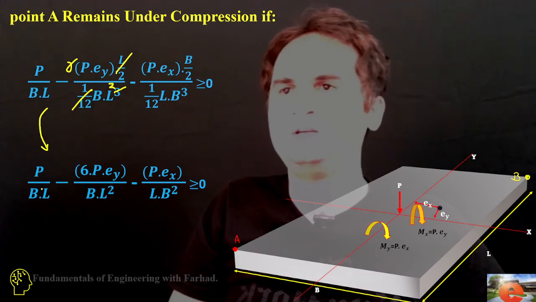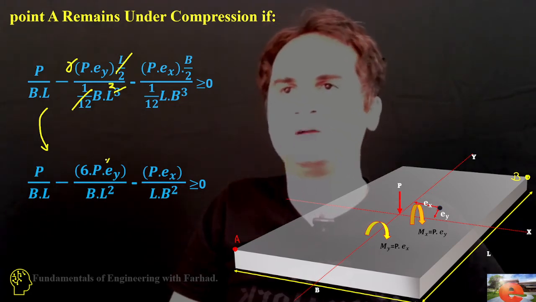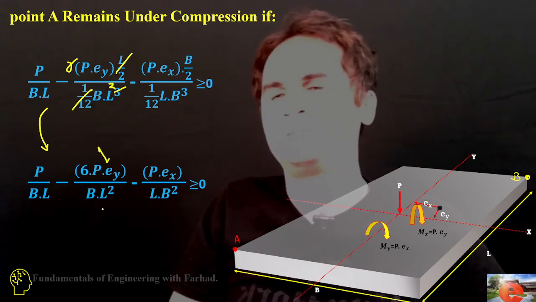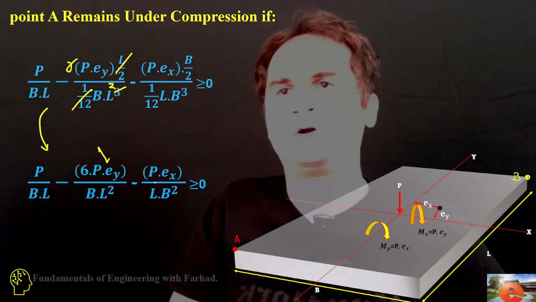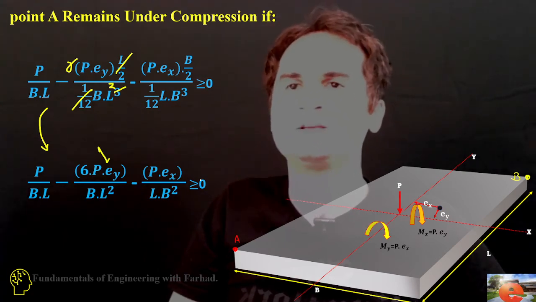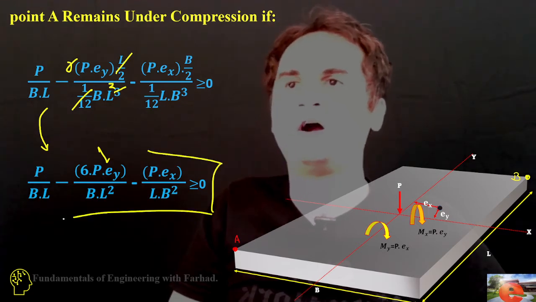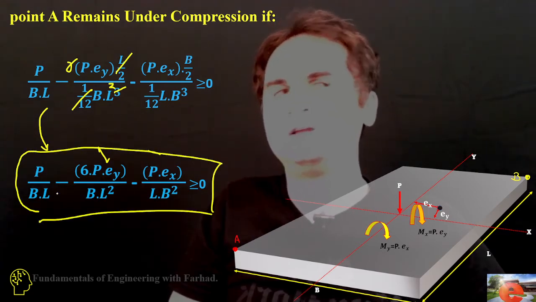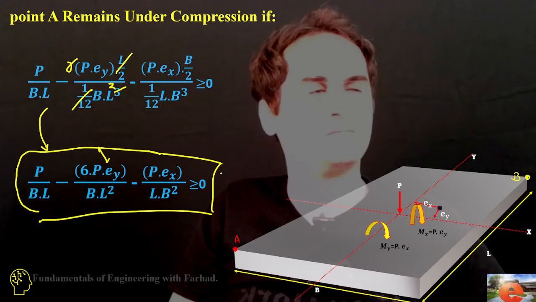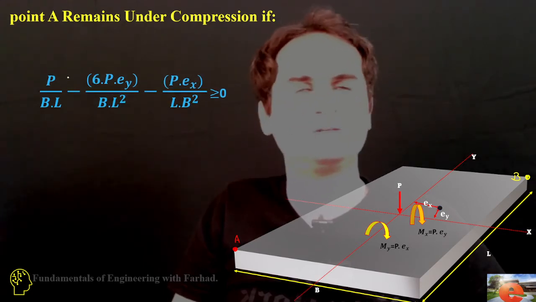So that's P over BL minus 6 times P Ey over B L squared minus 6 times P Ex over L B squared. This time it should be higher than 0. Yet we can rearrange this equation and make it more simplified.